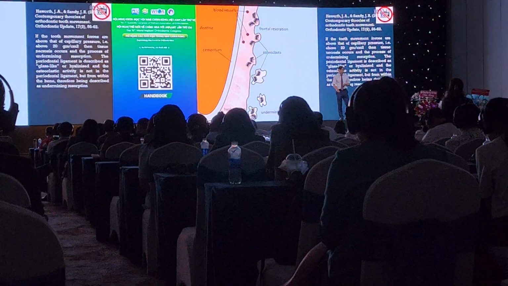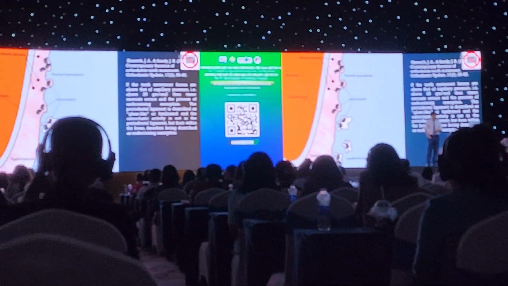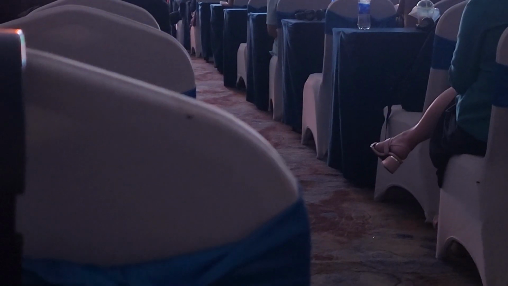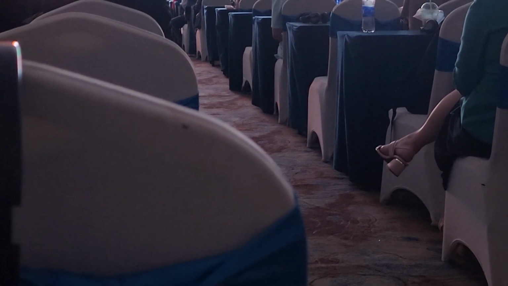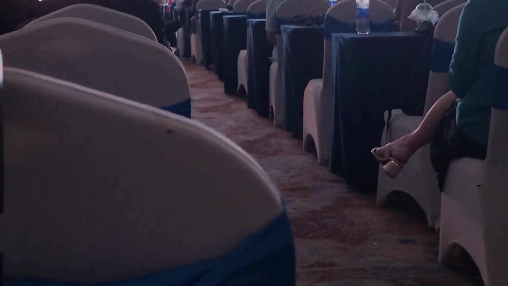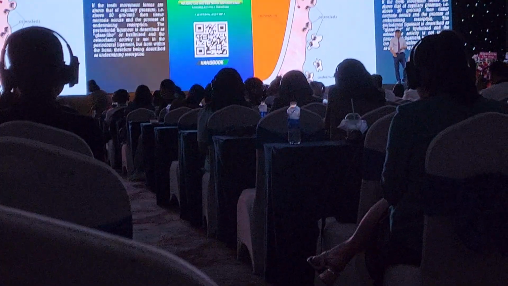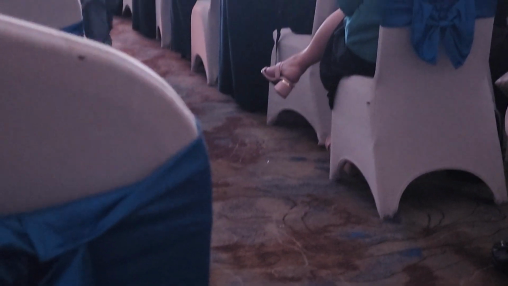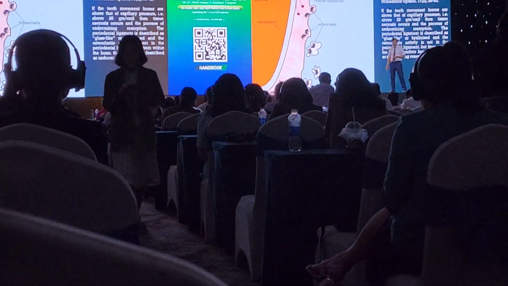If we increase the force, if we apply the heavy force, what happens? We still have the osteoclast, but it works on another side. They call it undermining resorption. We have higher hyalinization and undermining resorption. It will stop the movement of the teeth.